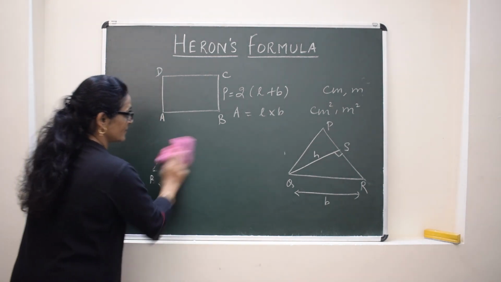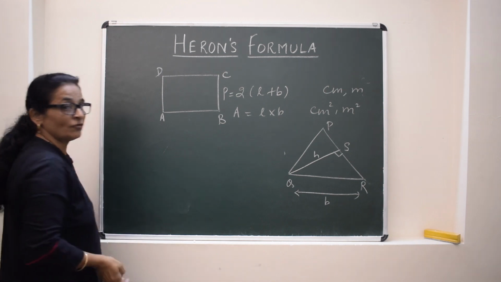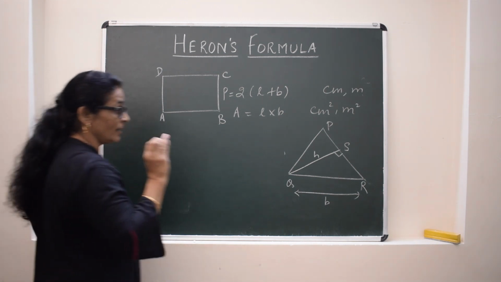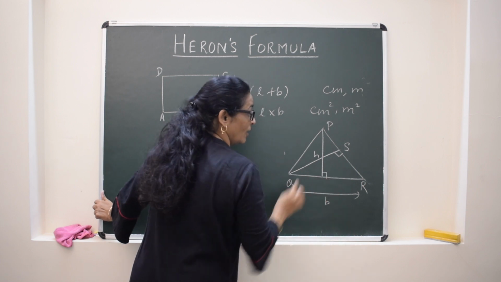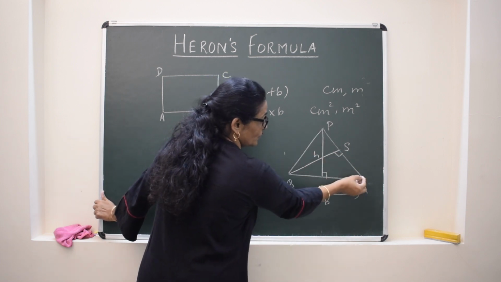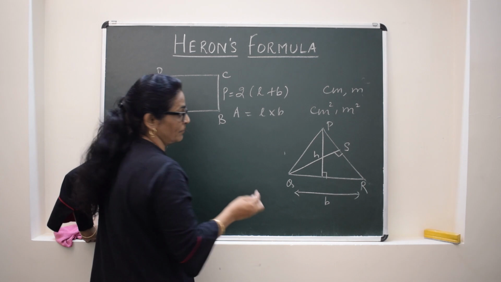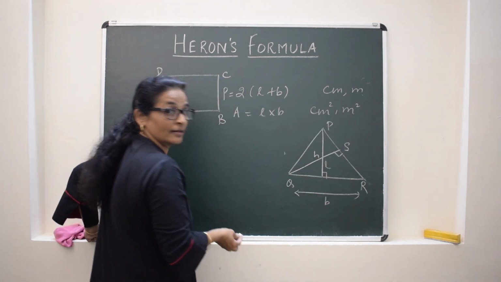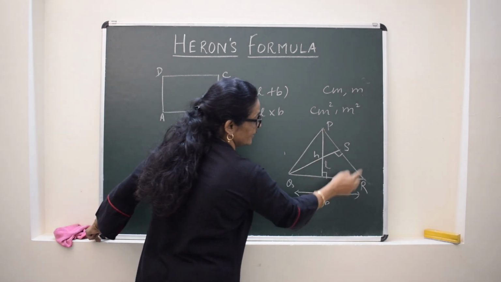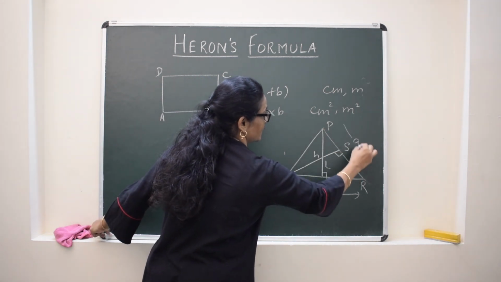So in this case, if I want to find out the area, I must know this perpendicular. For example, I say this perpendicular is L and this side is A.